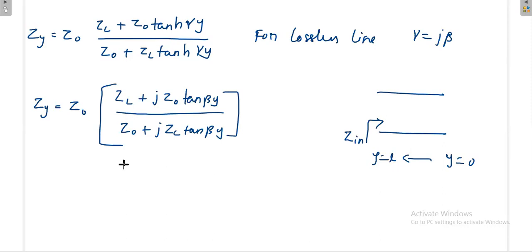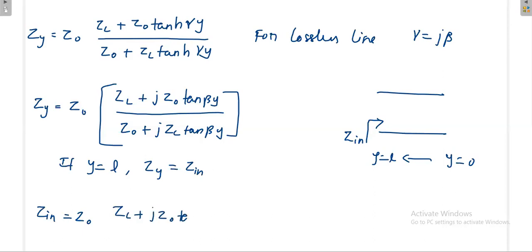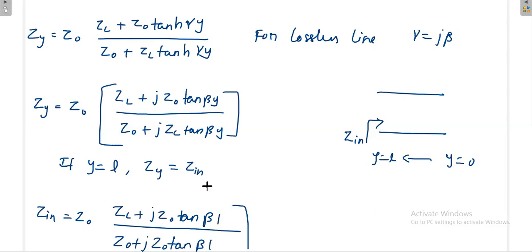So zy is equal to z in, the input impedance of the line, then z in is equal to z naught, zl plus j z naught tan beta l, divided by z naught plus j zl tan beta l.